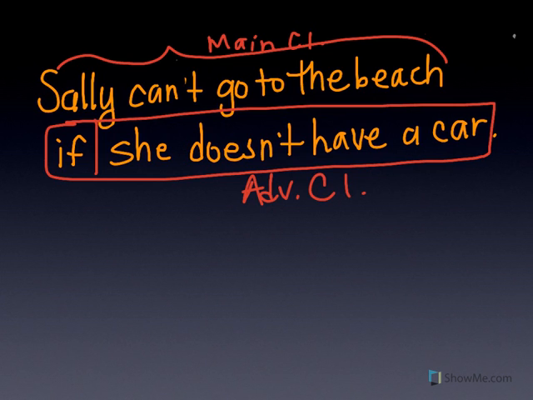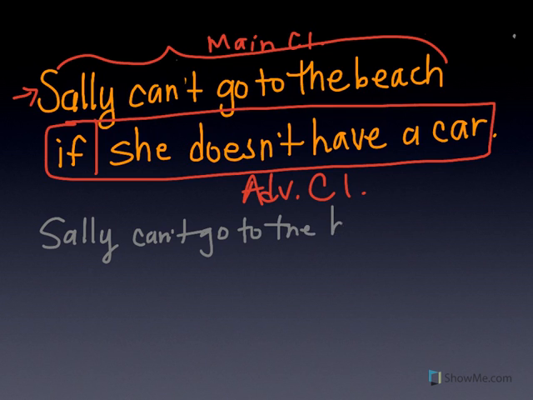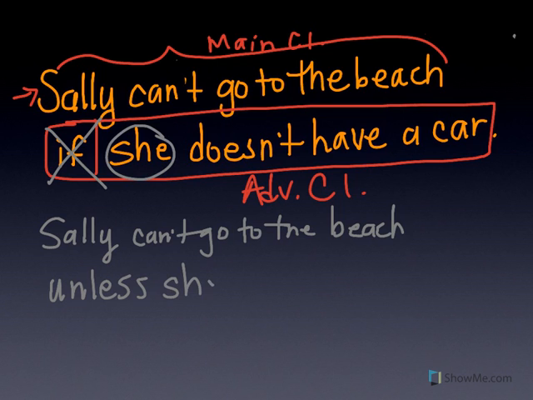So that would be Sally can't go to the beach. We don't need if anymore. We need to replace if with unless. Unless, we need a subject, so unless she.